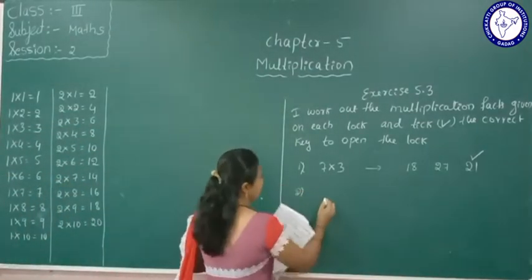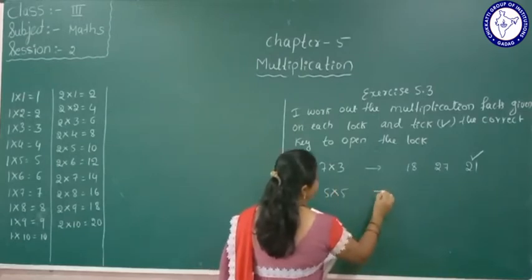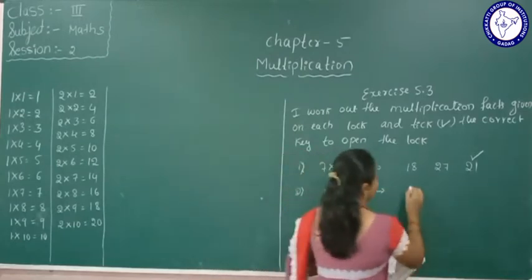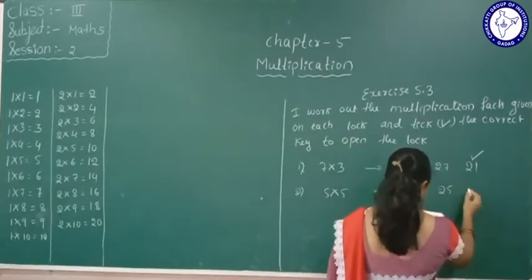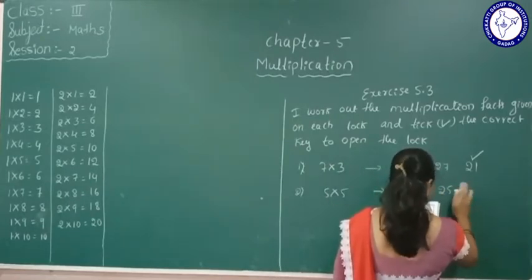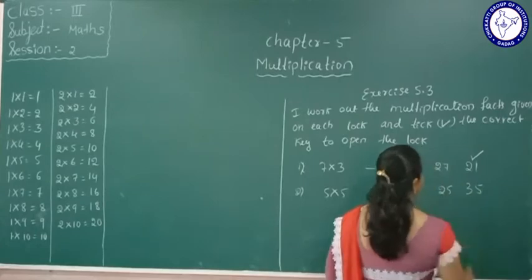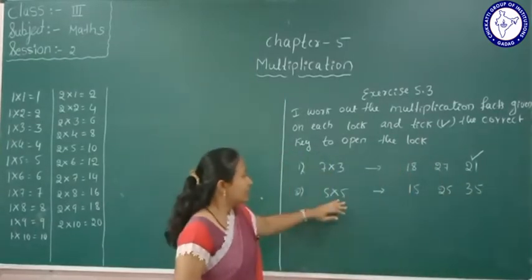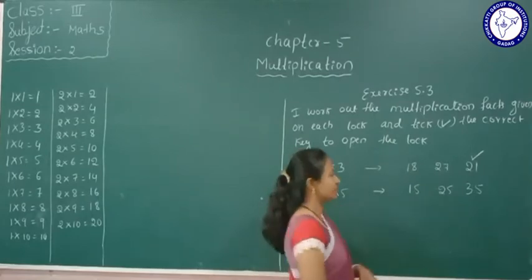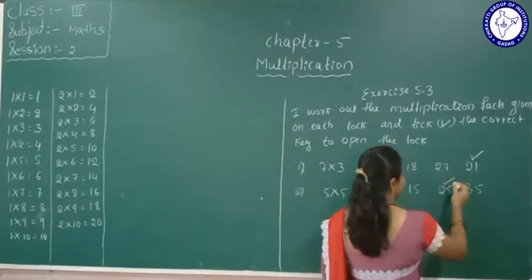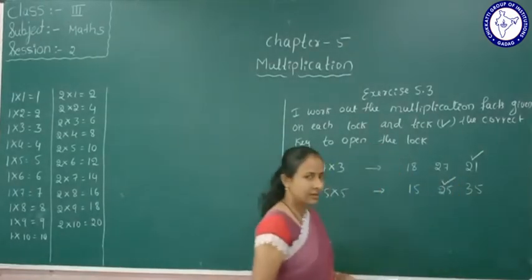Second one, 5 into 5, they have given 15, 25, 35. Okay, see here, 5 into 5 is equal to how much? 5 5s are 25. So 25, I'll do the correct mark.